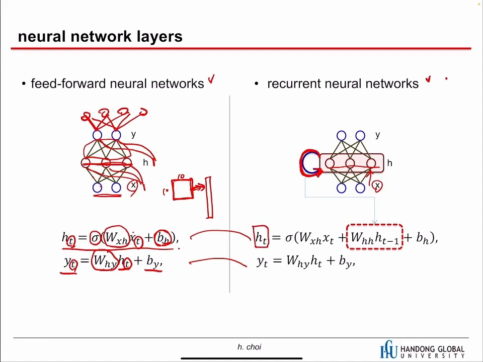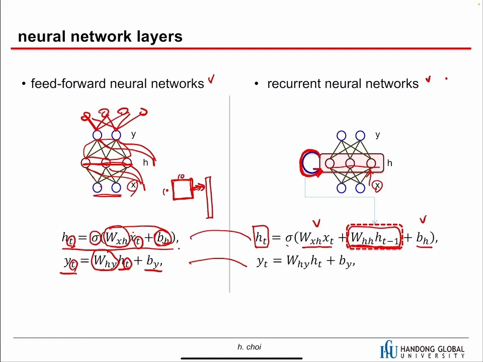So h sub t is a result of this function, and this function has this term and this term and this term. These two terms are exactly the same as these two terms in the feed-forward neural networks, and only this term is a new term in the recurrent neural network.